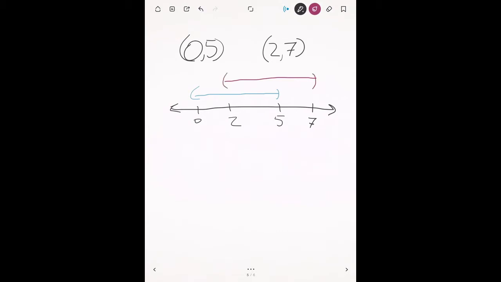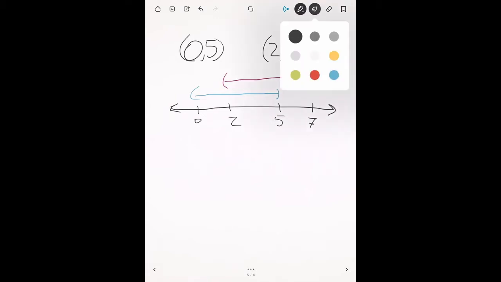Notice these parentheses mean exclusion. We are not including them. So I want everything between 0 and 5, not including 0 and 5, and everything between 2 and 7, not including 2 and 7.